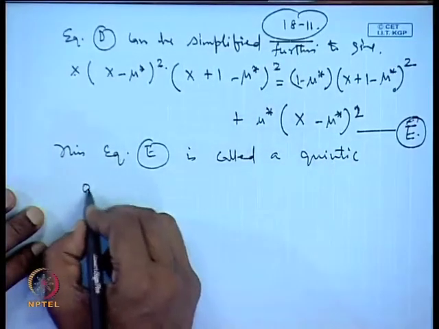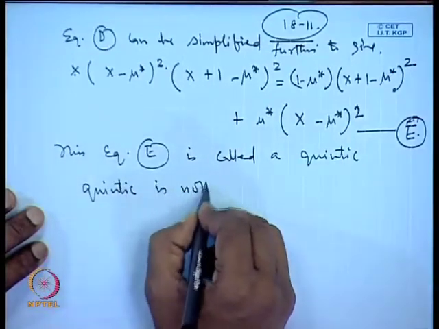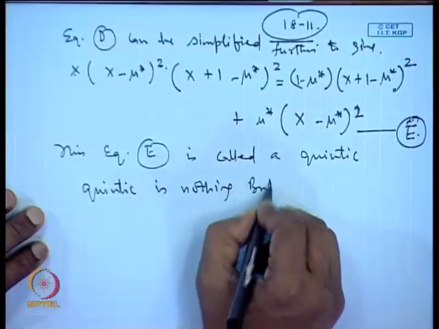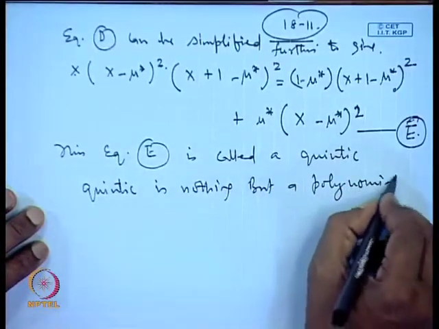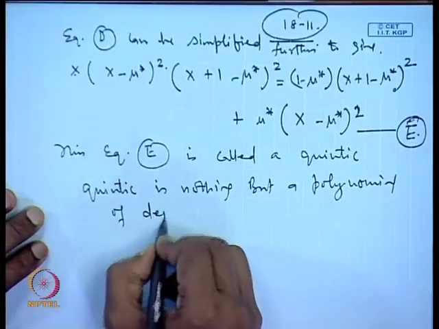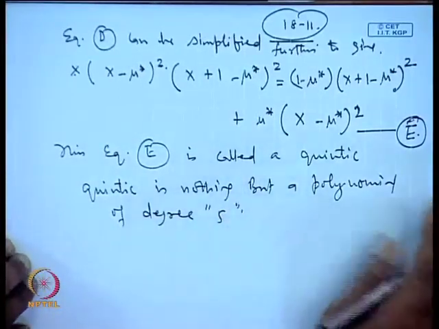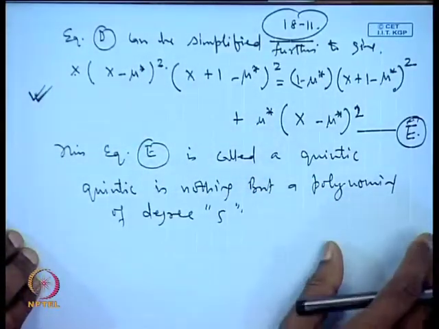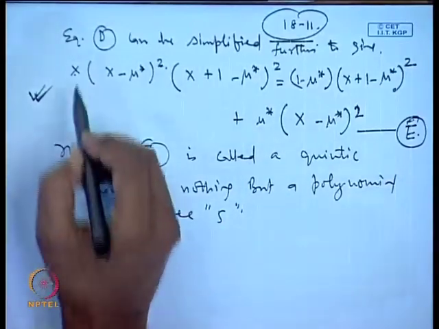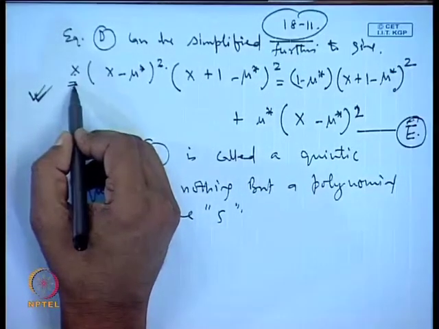So, quintic is nothing but a polynomial of degree 5. This equation is of degree 5, and this will give you one positive root, and here obviously x in this case is positive.